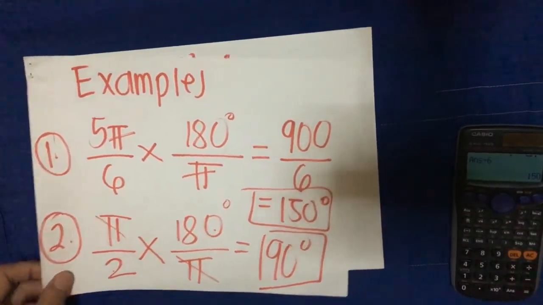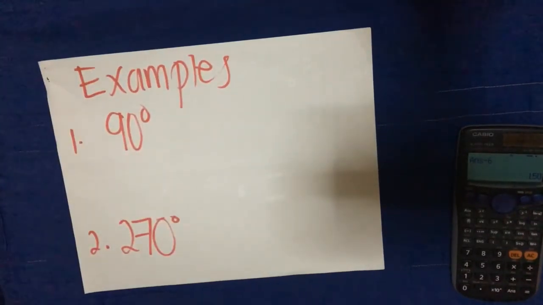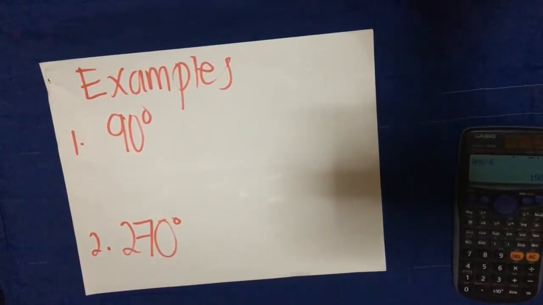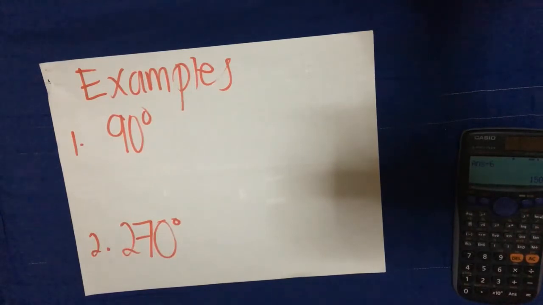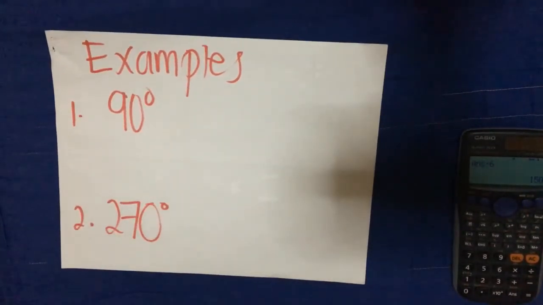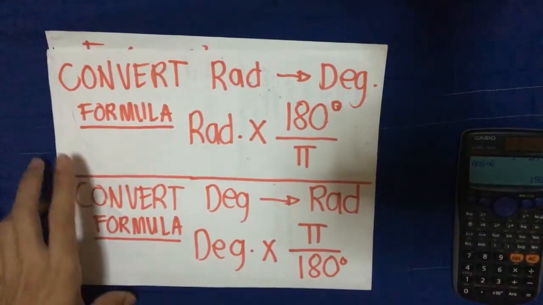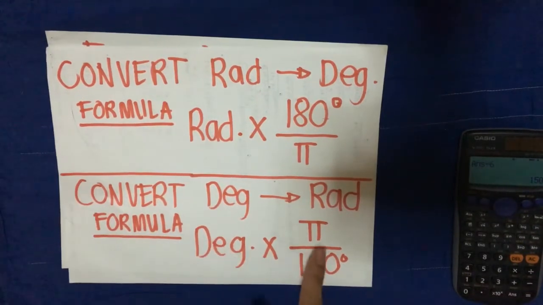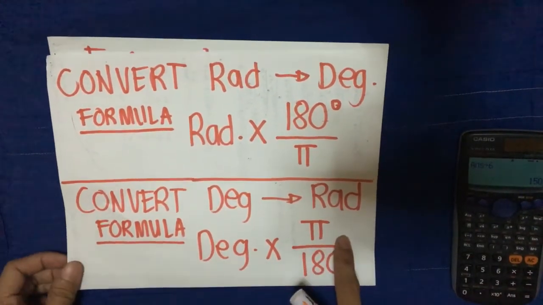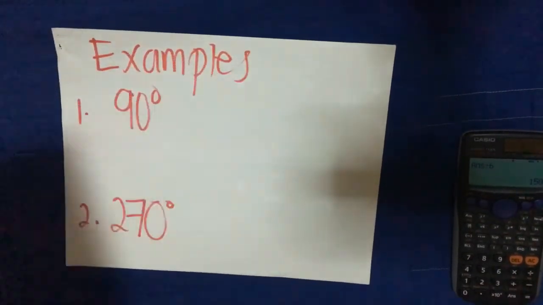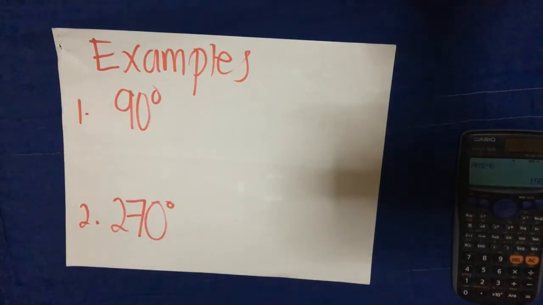So without further ado, let's proceed to the second set of examples. Obviously, the given are degrees. Let's find the value of this one, given the degrees, then convert to radians. How are we going to solve that one? Again, this is the formula in solving such. For degrees to radians, your pi is located at the numerator and the 180 degrees is located at the denominator.